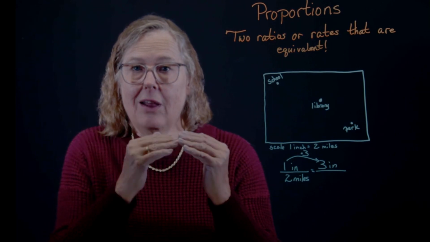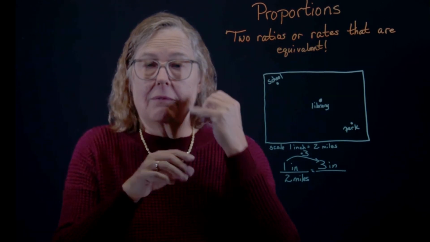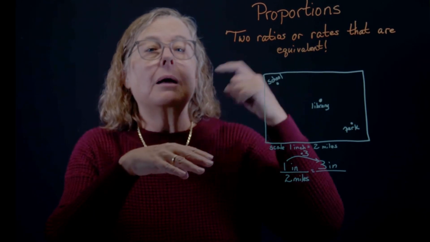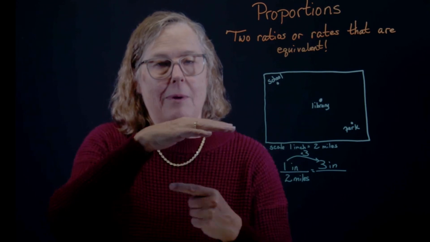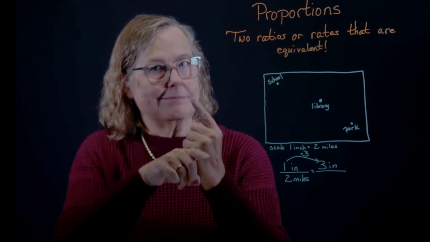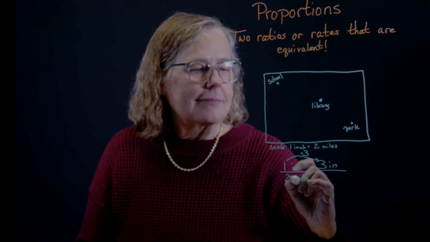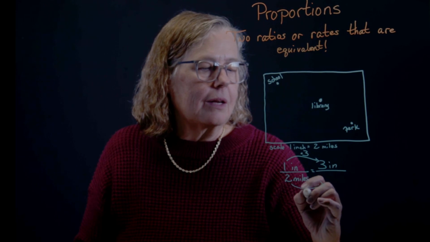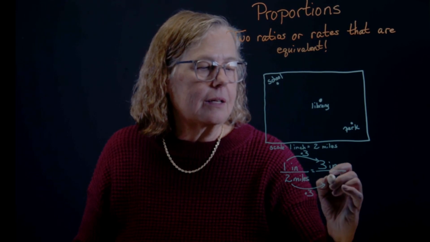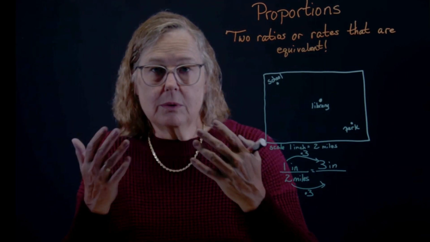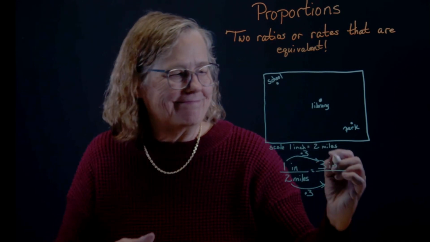Remember, math is fair. I can do that on the top, but if I multiply the top by 3, I have to multiply the bottom by 3. It has to be the same. Two times 3 is 6.